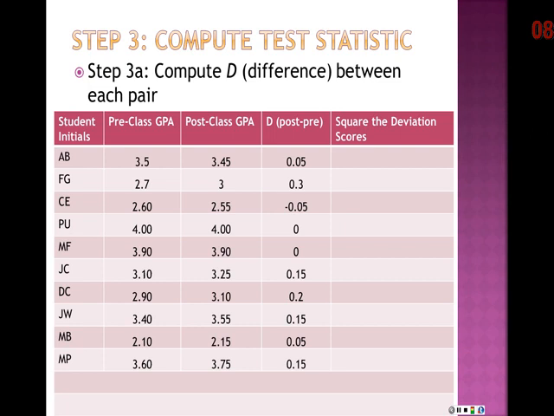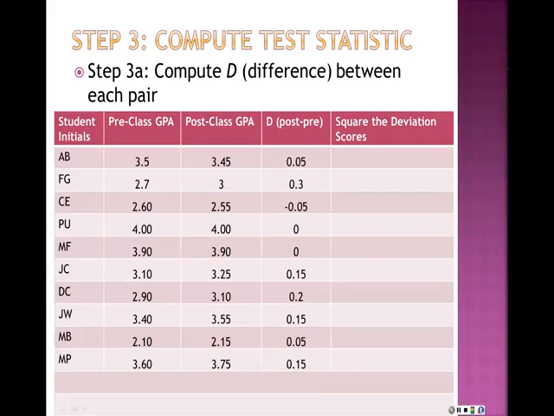So let's look at our GPAs. So let's say these are all of the GPAs in both classes, right? This is the pre-class GPA. This is the post-class GPA. And so what we're doing here is we're taking post minus pre in this situation.